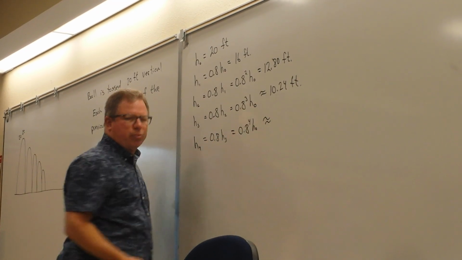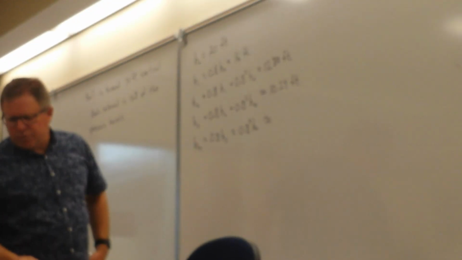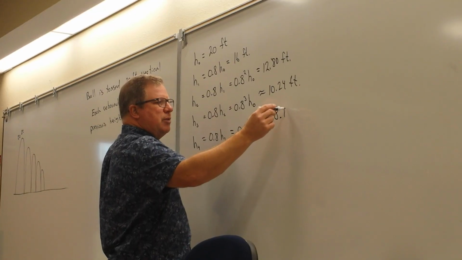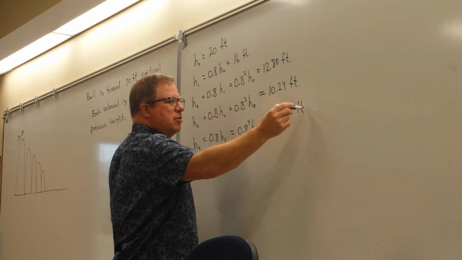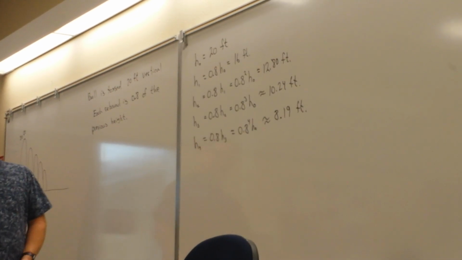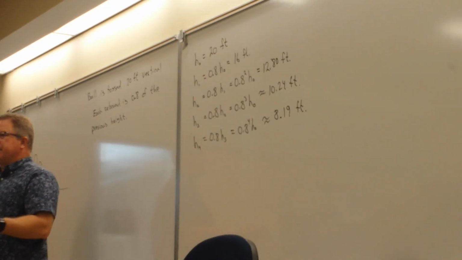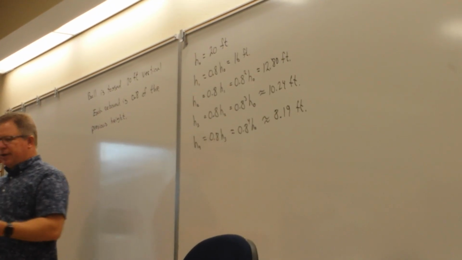Now this one we have to round to nearest hundredth. What do you get there? 8.192. Okay, so I'll just put 8.19 feet, nearest hundredth. Any question about the pattern that's happening here? Okay?